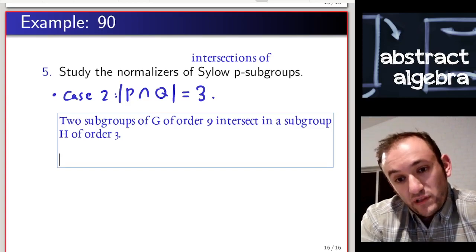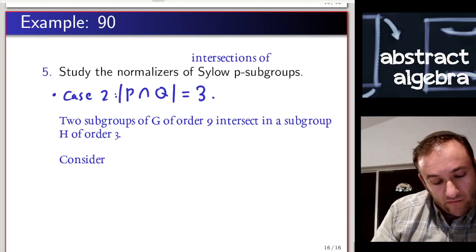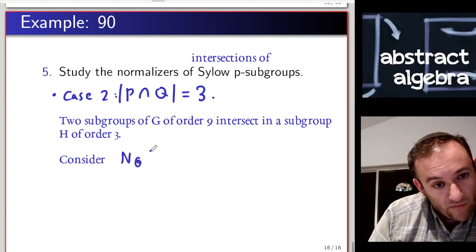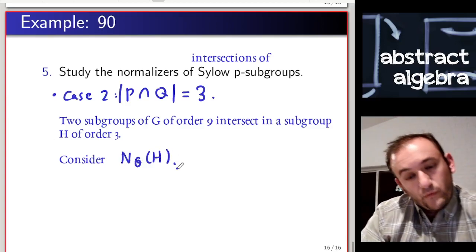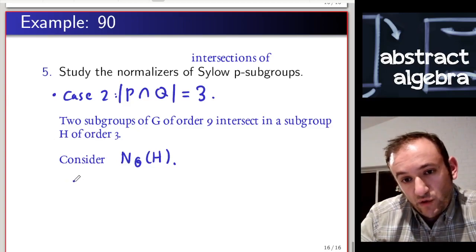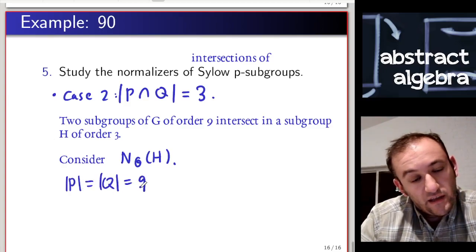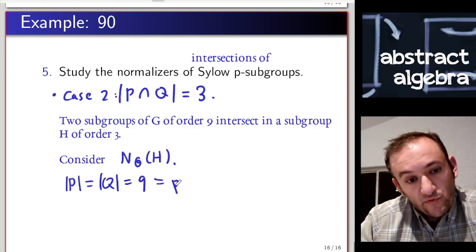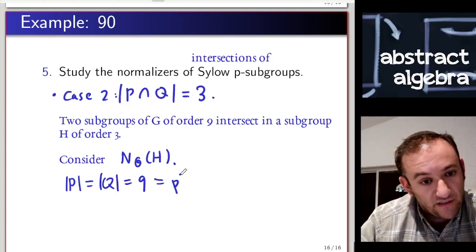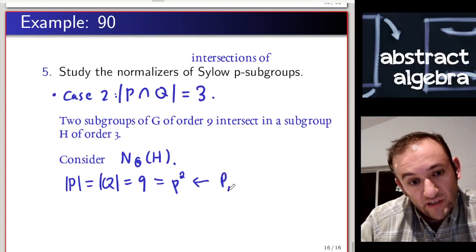Let's consider the normalizer of H. Because both P and Q are of order 9, in particular groups of order p squared, it's a previously proved result in our textbook that they are abelian. Okay, so P and Q must be abelian.